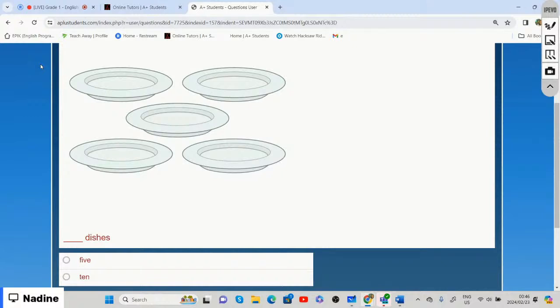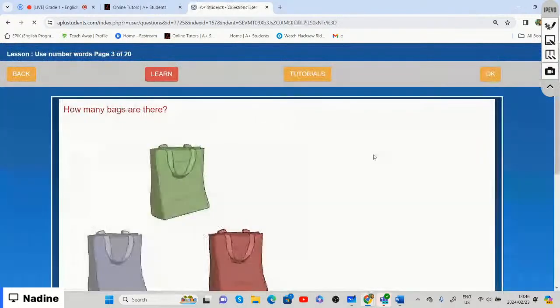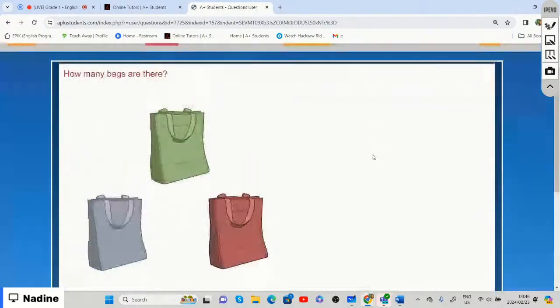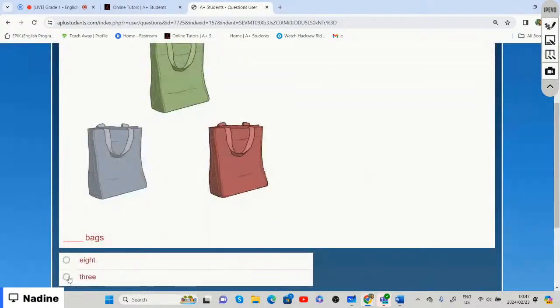All right, so we can say there are 5 plates, right? And there's 5 specifically because we can even count it in number. And how many bags were there? Yeah, we see 1, 2, 3 bags, right? So we see 3 bags.